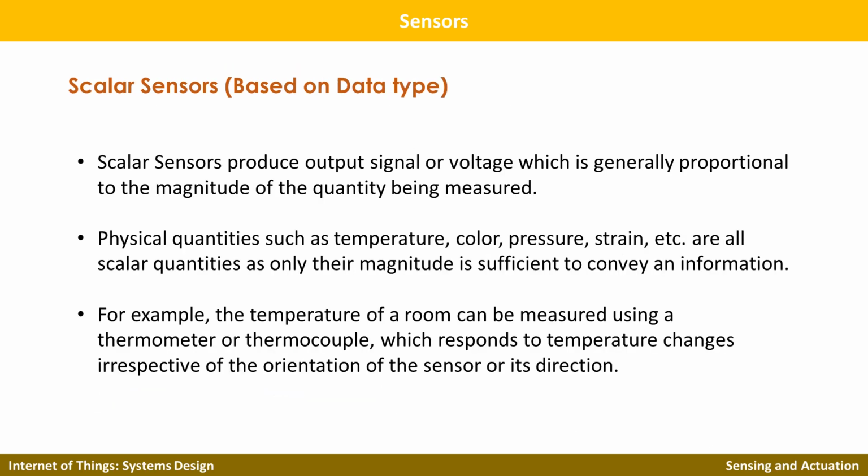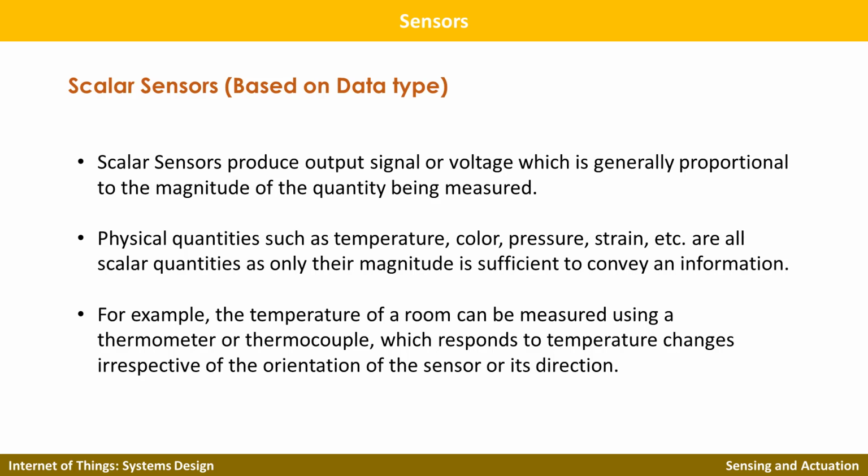The next class of sensors are scalar sensors, which are classified based on the data type. The scalar sensors produce an output signal or voltage, which is generally proportional to the magnitude of the quantity being measured.